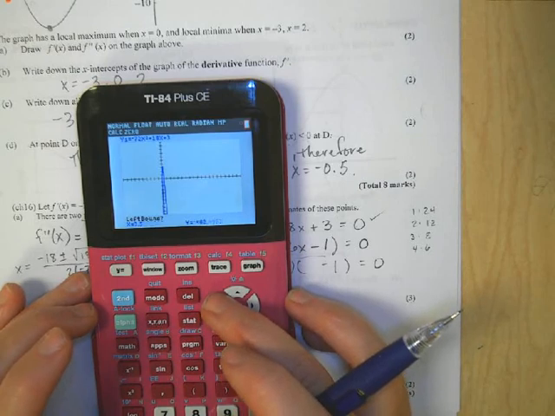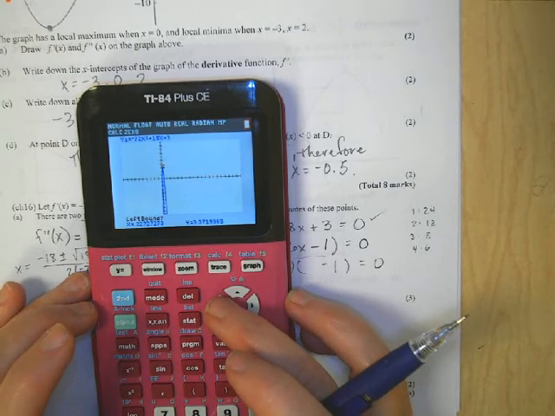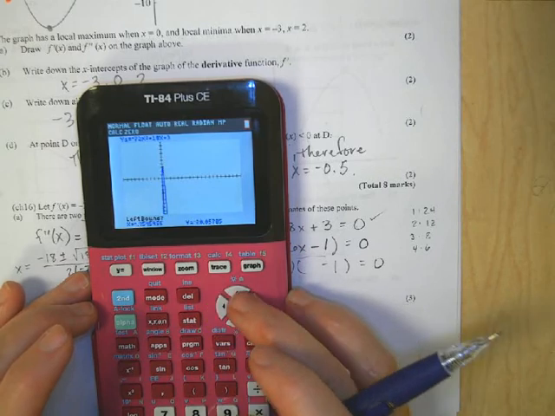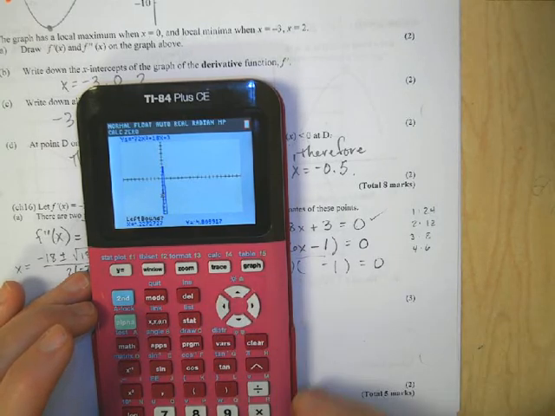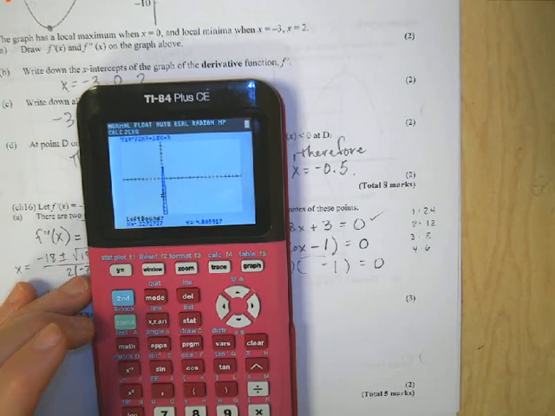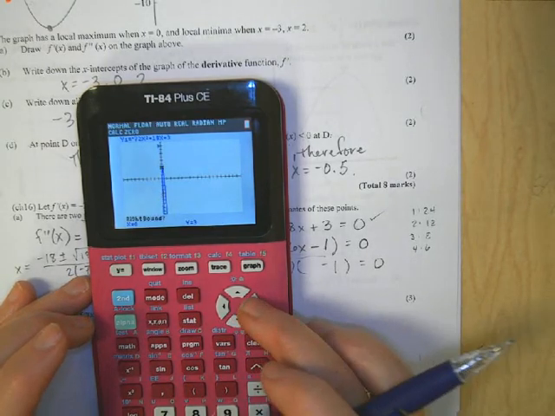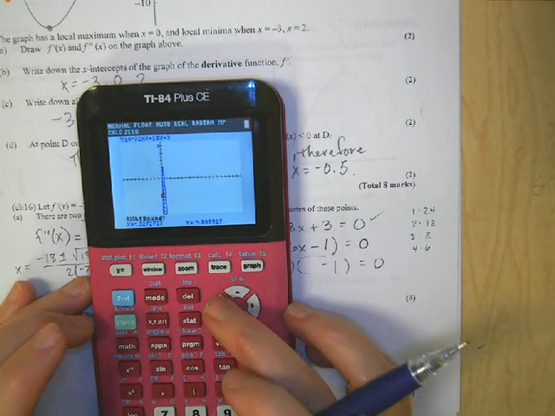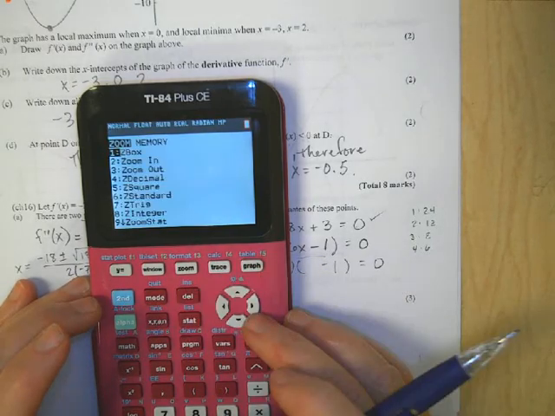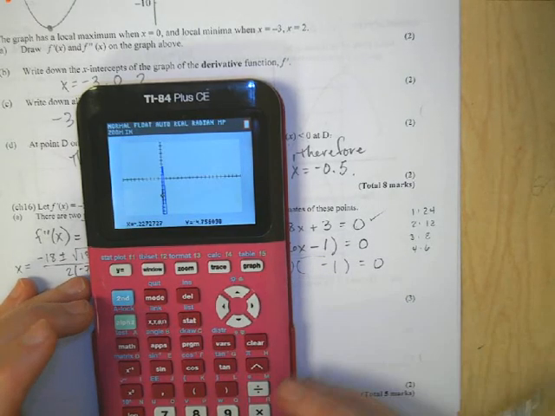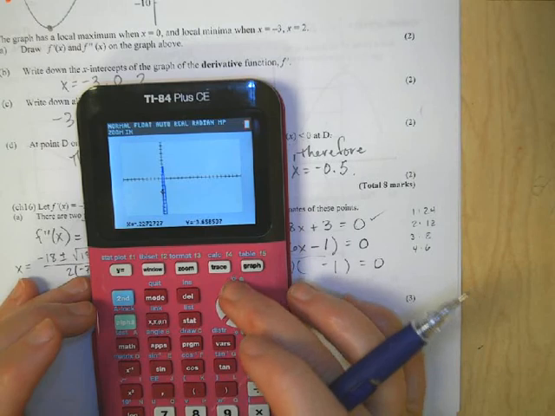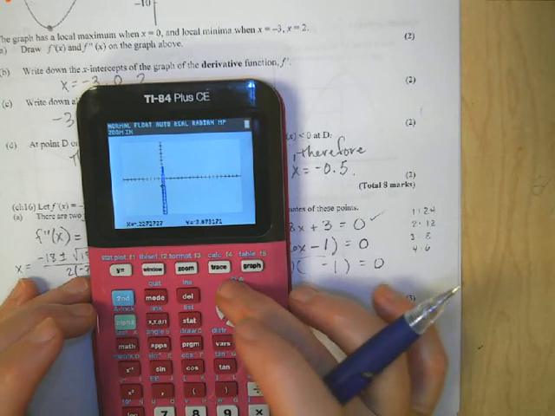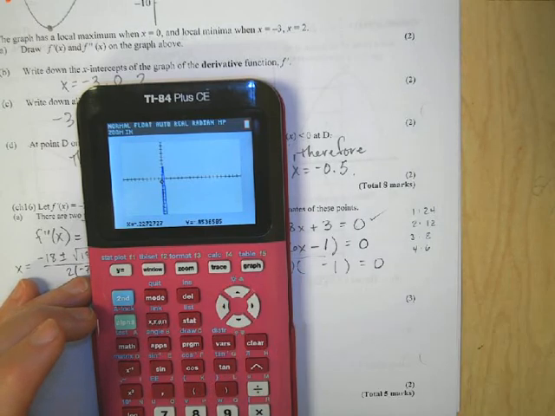Where's my cursor? There it is. Okay, left bound. Right, I think I should probably zoom in. Hold on, let's zoom in. Let's get closer to these, I can't see it. So I'm moving my cursor, zooming in close to the x-intercepts.